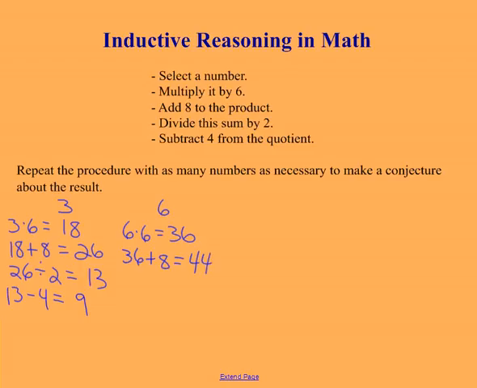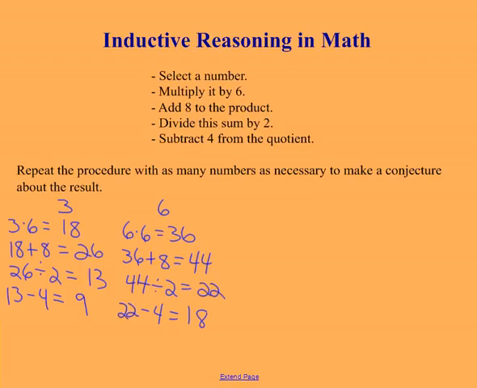Then we divide this sum by 2, so 44 divided by 2 is 22. And then subtract 4 from this quotient, so 22 minus 4 is 18. Okay, so we have 2 examples, and probably not enough to see any sort of pattern yet. Let's pick a third number.